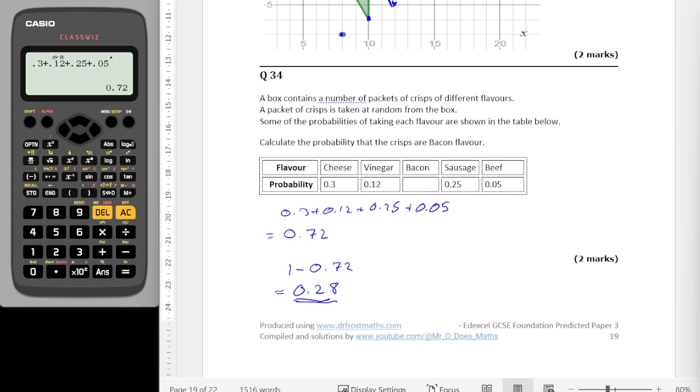If we took 50 crisps from the box, how many times would you expect it to be bacon? So if we did it 50 times, you'd times 50 by the probability that we just worked out. So that would be 14. Not relevant to this question, but just covering you a little bit deeper in case they ask a slightly more detailed question.